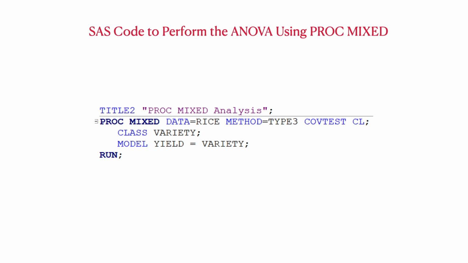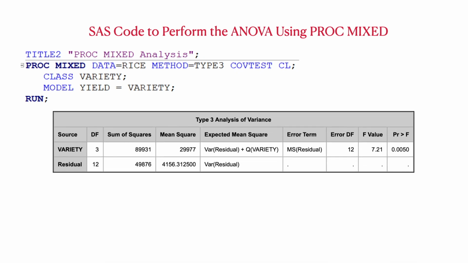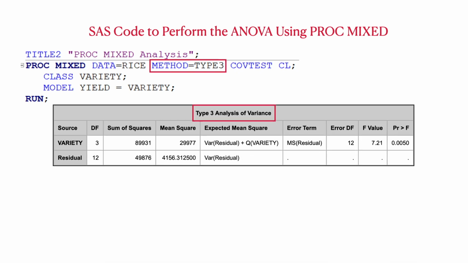And then I have the class statement to identify to PROC Mixed the classification variable, which again is variety. And then I specify the model in the same way I did in PROC GLM, because this is just a fixed effects model. So model yield equal variety. And so the method equal type 3 option instructs PROC Mixed to produce this table that we see here, the type 3 analysis of variance.